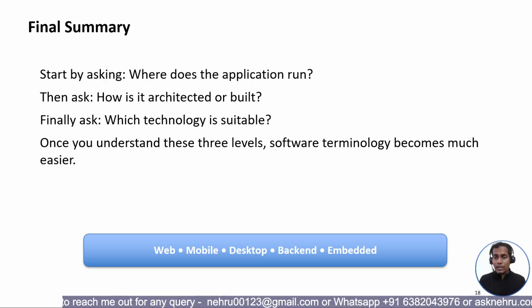But the simplest way to understand the software world is to first ask where the application runs. Okay, web applications run primarily through browsers. Mobile applications run on phones. Desktop applications run on computers. Backend applications run behind the scenes on servers. Embedded applications run inside physical devices. After that, we can understand how they are built and finally which technologies are used.